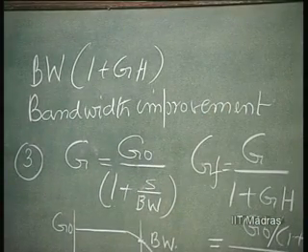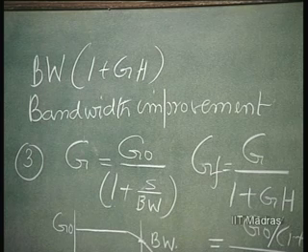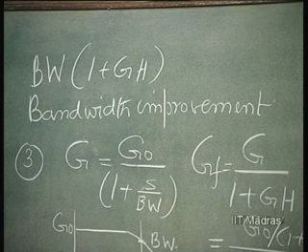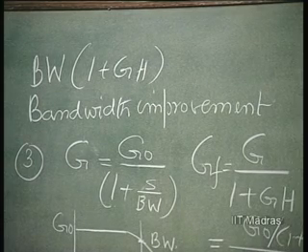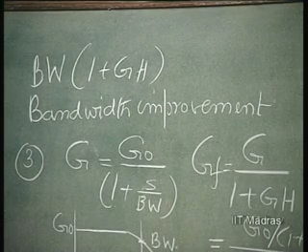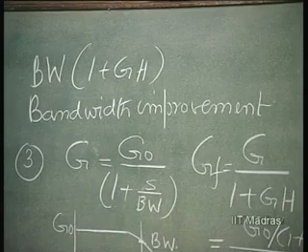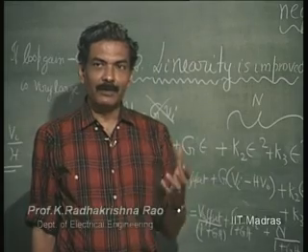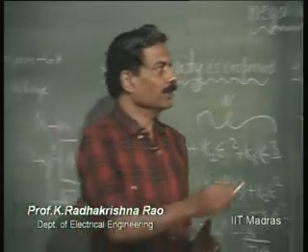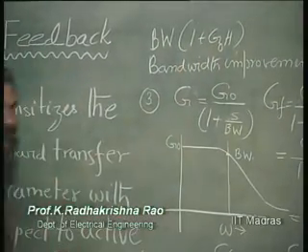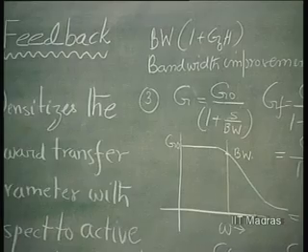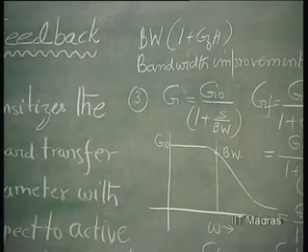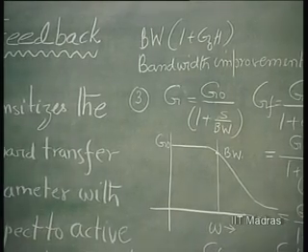So, if the original amplifier, open loop amplifier with gain equal to G naught, was usable up to bandwidth BW, this is usable up to a bandwidth of BW into 1 plus G naught H. If you note the gain into bandwidth of negative feedback amplifiers, what is the gain?